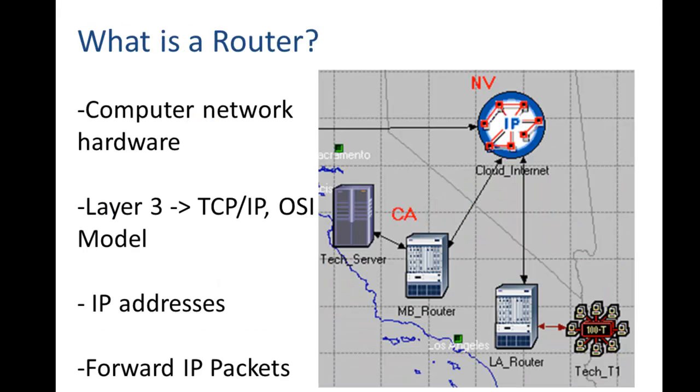So a router is computer hardware that operates at layer 3 of the OSI reference model and the TCP/IP model. The router connects to multiple networks, and when it receives an IP packet, it determines which network to use to reach its ultimate destination. What routers care about the most are the IP addresses in the data packets, and where to forward those data packets in a network.